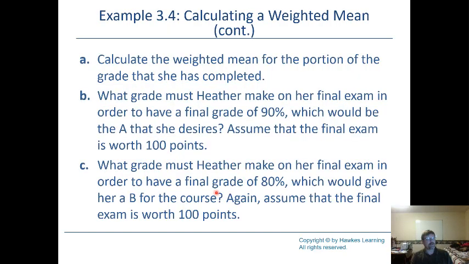So the real question here is, if she wants to get an A, the minimum value to get an A would be 90%. If she wants that A, what does she have to get on the final exam to get that A? And what would she have to do to get a B?